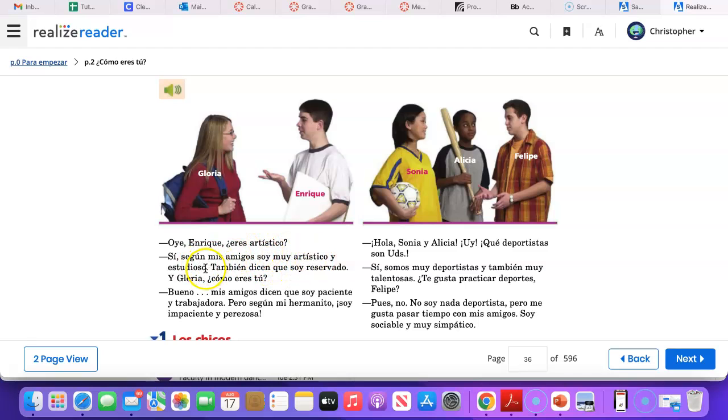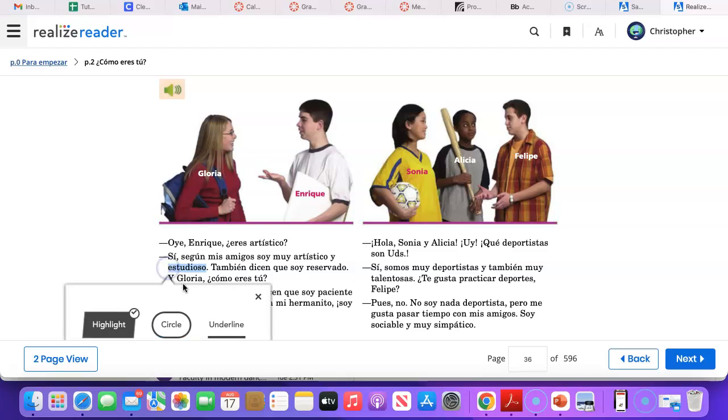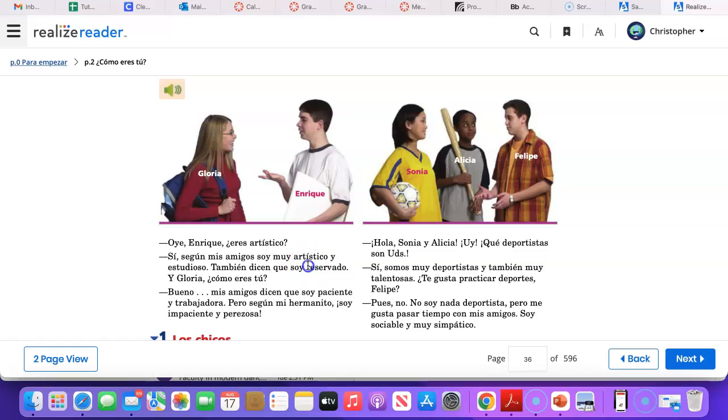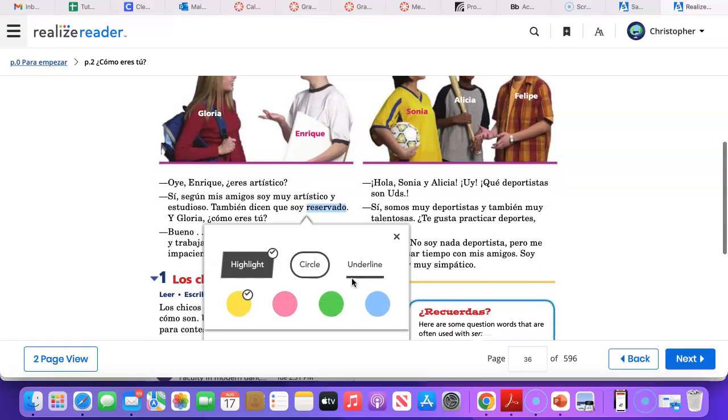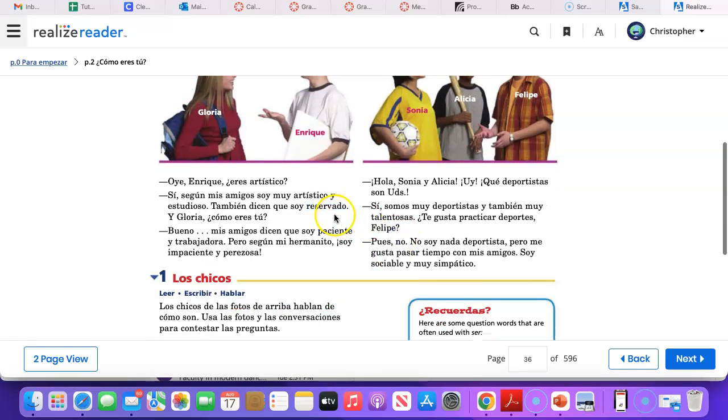And we could actually add a few other adjectives. Can you find them? Estudioso, studious, right? Or someone who's very academic. And reservado, which is a cognate, right? What's a cognate again? A word in another language that has three characteristics in common, a word that looks like, sounds like, and has the same meaning.